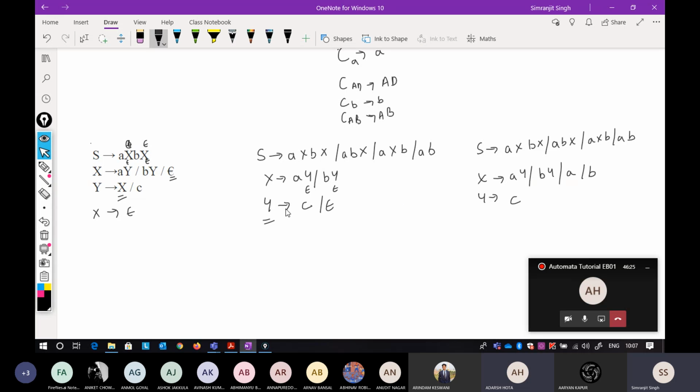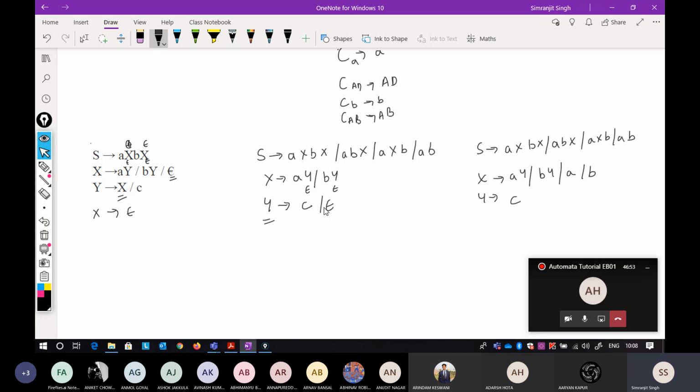Sir, in Y there would also be X, I think. What exactly do you mean by this? Like, sir, Y leads to C, epsilon, and X. Y leads to c epsilon.